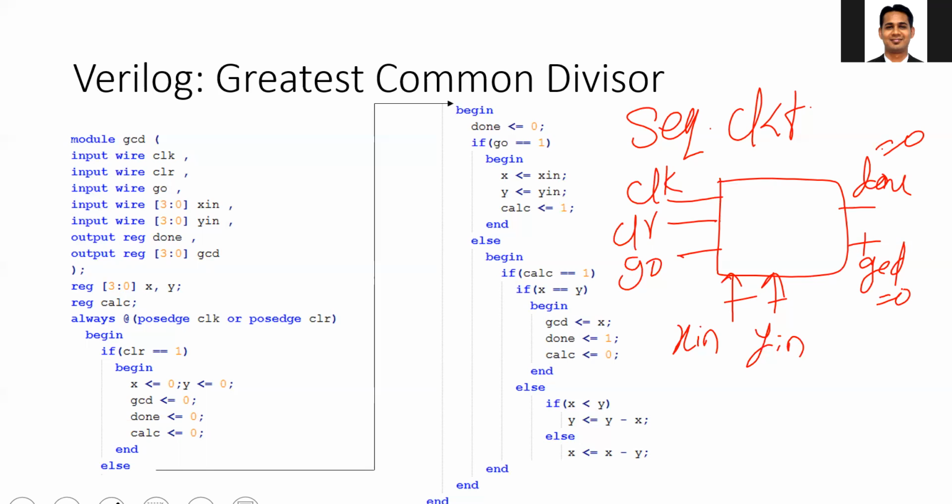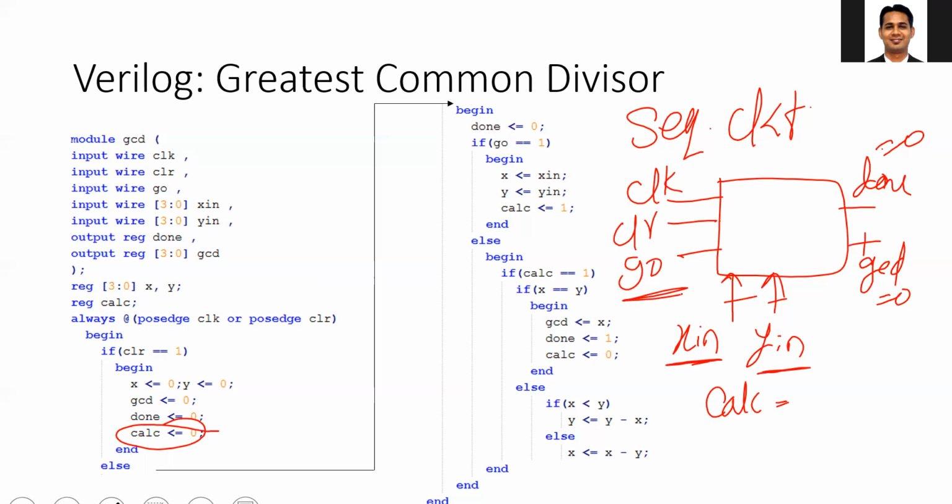Then you have also defined the internal signal calculation, which indicates that there is an ongoing calculation in the current circuit. Initially it is 0, that means there is no ongoing calculation. Then the user inputs the values of X in and Y in and presses the go signal.